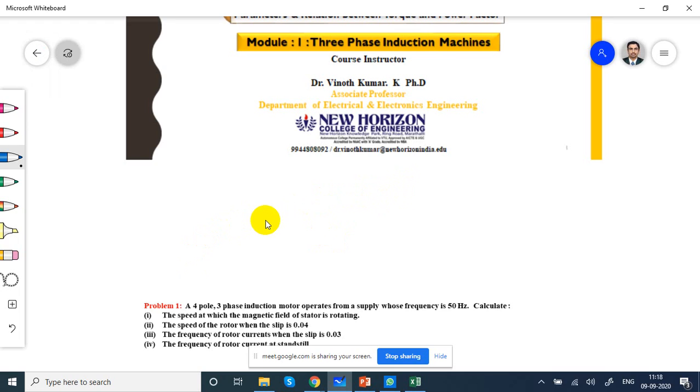In the previous class, that is hour number 2, we discussed the five parameters related to slip. First one is rotor frequency, Fr.